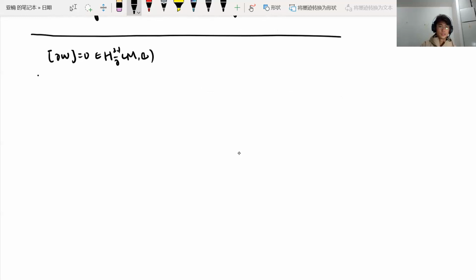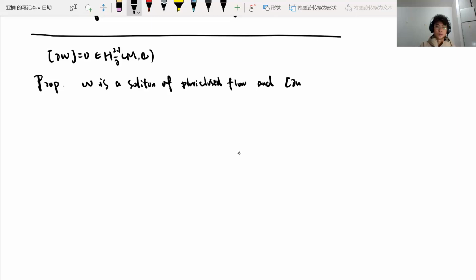We have that if omega is a soliton of the flow, and if the class is zero, then it is Kähler, which means actually this is zero.